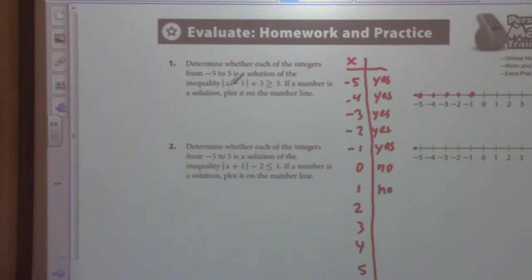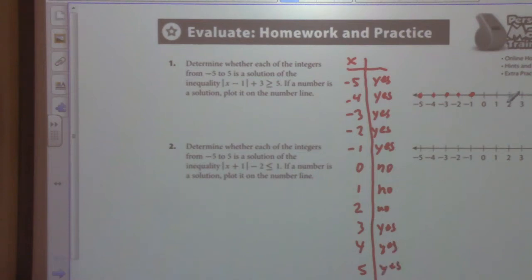Is 2 going to work out? No. Is 3 going to work out? Yes. I think Bryce is right on that, because 3 minus 1 is 2, and of course the absolute value of 2 is 2, plus 3, yes. So yes, and yes, yes, yes.